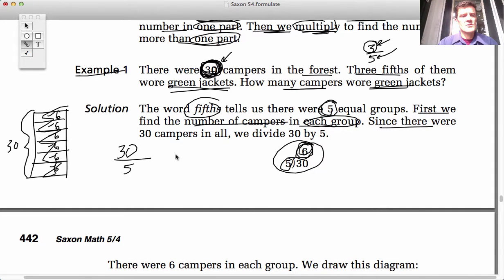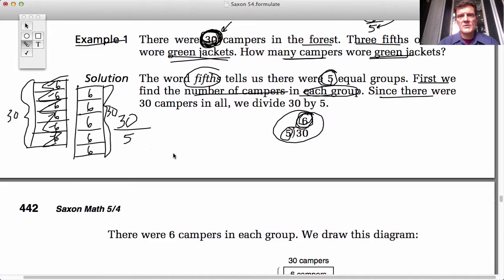My apologies, let's back up. There are 5 groups, and that's 30 people, so I should have 6 in each group: 6, 6, 6, 6, and 6. There we go, that's much better. That gives me a total of 30. 5 groups, and in each group there's 6. 6 times 5 is 30, or 30 divided by 5 is 6.